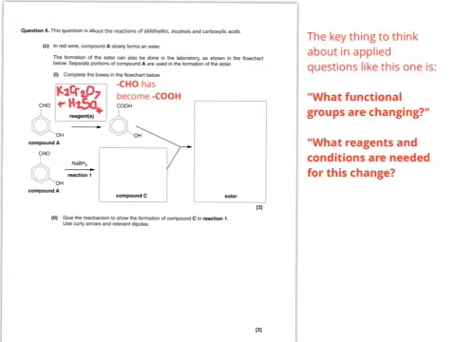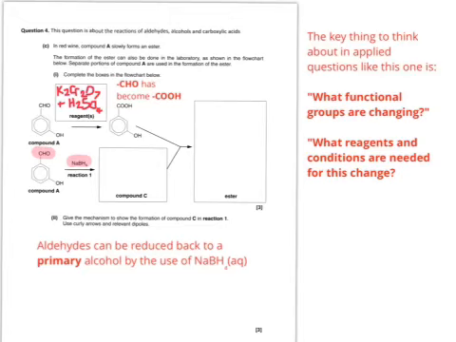So the next part is to work out what compound C might be. So again, looking at the functional group you've got, it's a CHO, an aldehyde, and it's being subjected to NaBH4, and that would mean it's reduced back to a primary alcohol.